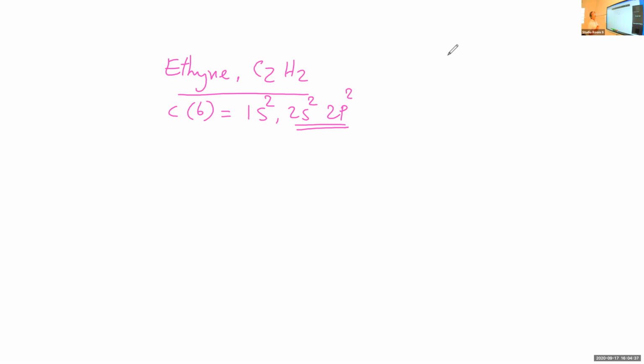So how many covalent bonds should be formed by the carbon atom, Shivani? How many covalent bonds should be formed by the carbon atom to get 4 more electrons?